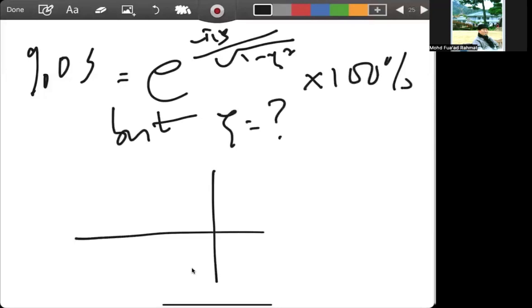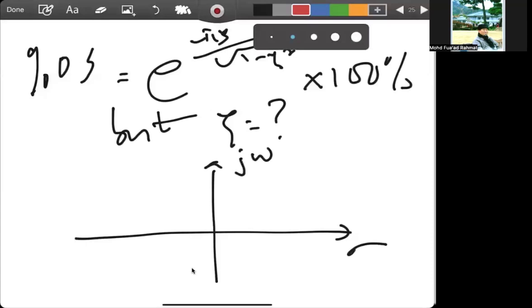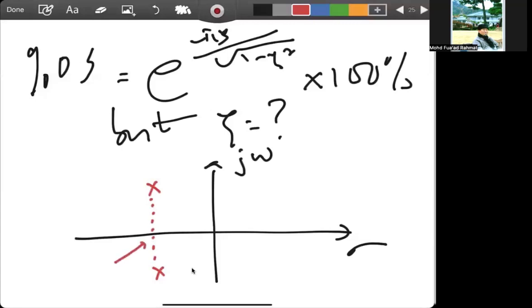So since the complex conjugate pole is located over here, this one is minus 0.394 j 1.34.